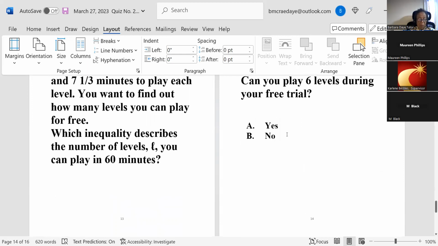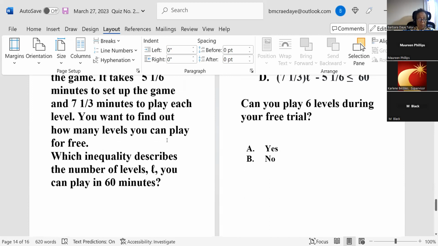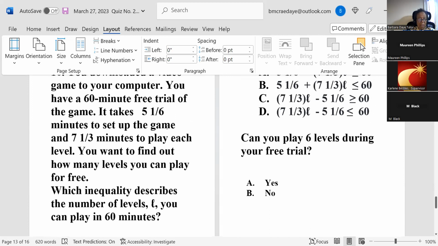Okay. So let's go here. You have a variable and a fixed amount. So you have a 60-minute free trial. The setup is 5 and 1/6 minutes. That's your fixed. I think you have to write it down. Yeah, I have it here. I did that part right. The variable is the 7 and 1/3 minutes per level.